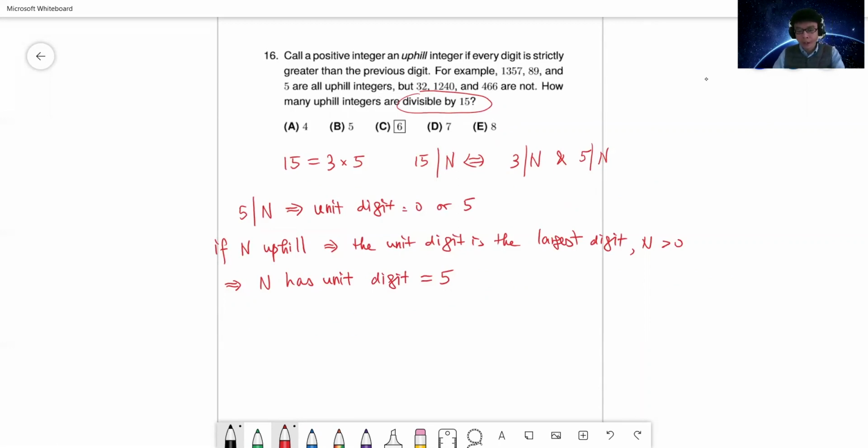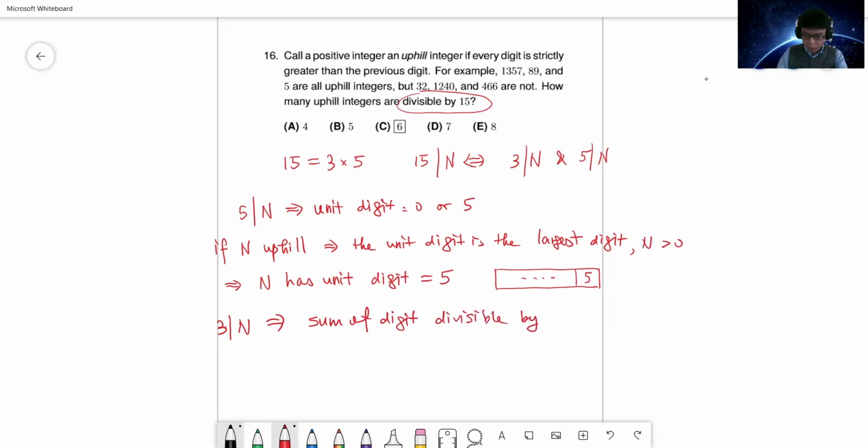Next, we need to guarantee the number is divisible by 3. So N is divisible by 3. We must have the sum of digits divisible by 3. Here we can only choose some of the digits 1, 2, 3, 4 on the left of 5.